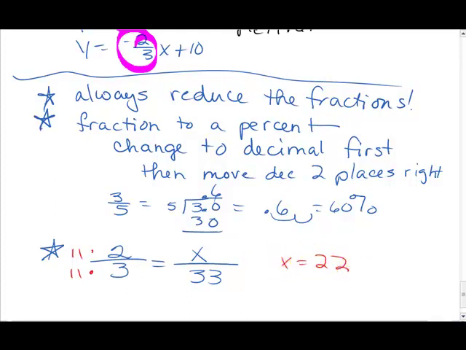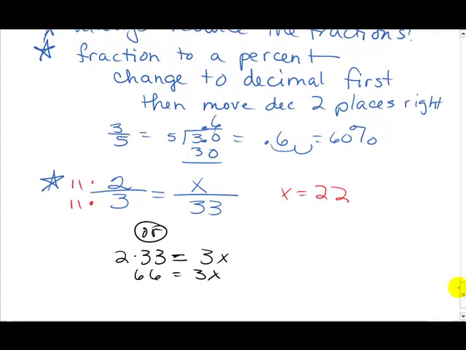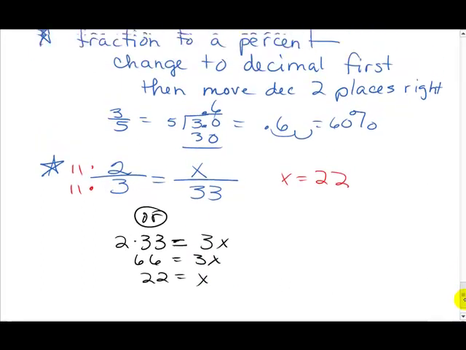That's one way to do that. The other way would be to cross multiply. 2 times 33 equals 3 times x. 66 equals 3x. And then you would divide by 3 to get 22. You're going to see some of this in your homework. This is why I'm trying to give you a little heads up as far as changing these things.